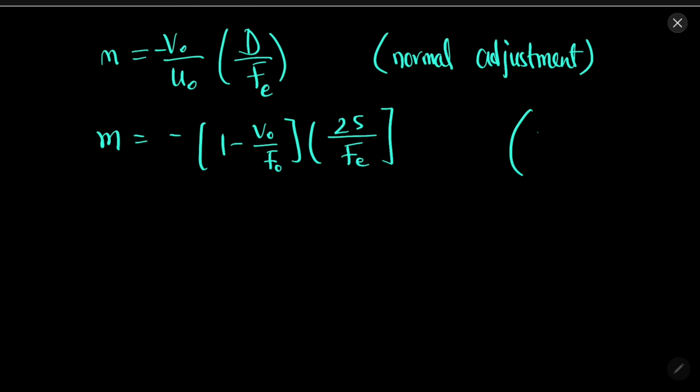Why? Because V over UO is equal to 1 minus VO over FO.